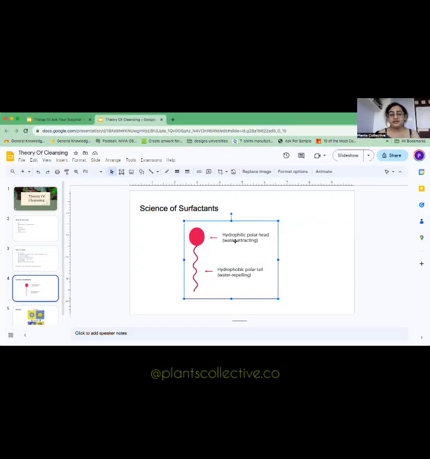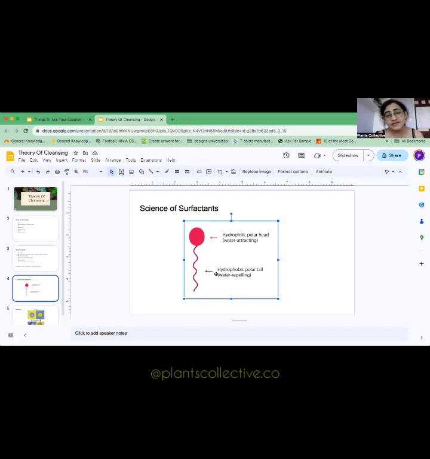On the other hand, the tail, which is attached to the head, this curvy one, is hydrophobic. That means it is oil loving. So this is water attracting and this is oil attracting. The head attracts water and the tail attracts oil.